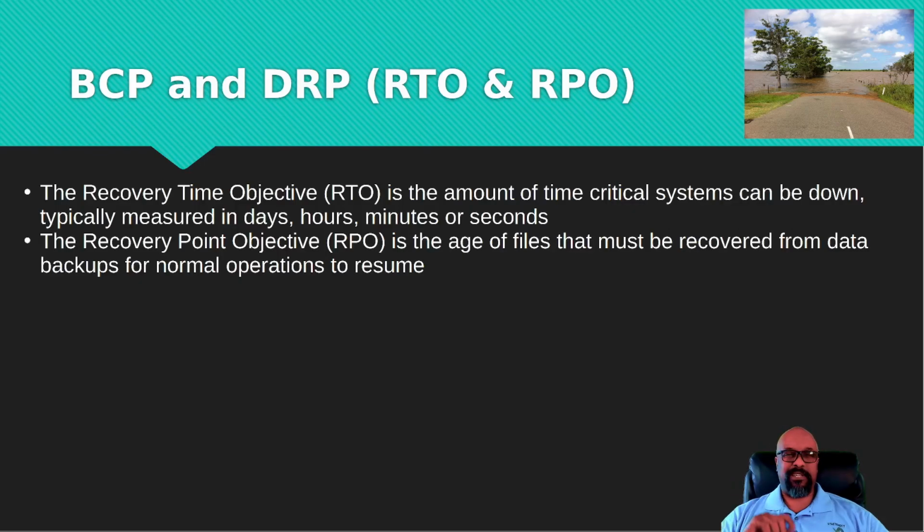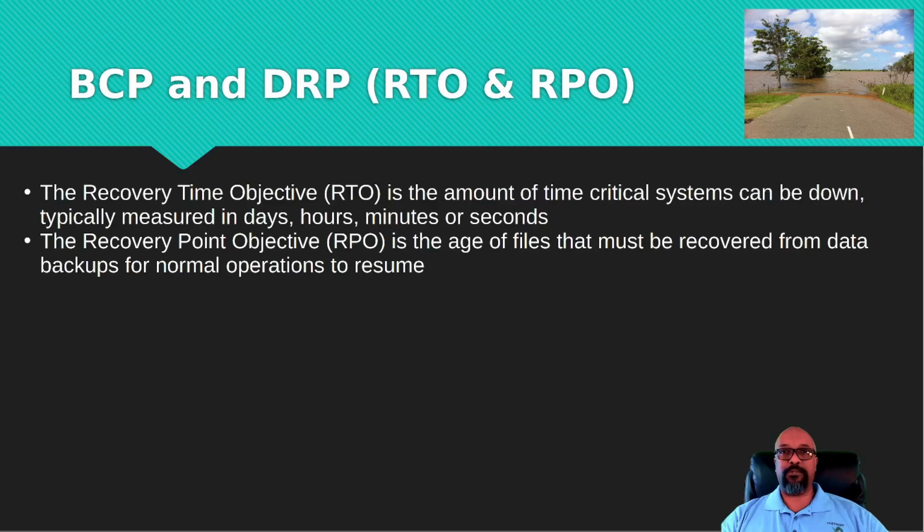Now, in the previous slide, I talked about, towards the end, disaster recovery planning. Now, let's deep dive a little bit into disaster recovery here. The disaster recovery plan is really broken into two main components. One is the RTO, which stands for Recovery Time Objective, and the other is RPO, which stands for Recovery Point Objective.